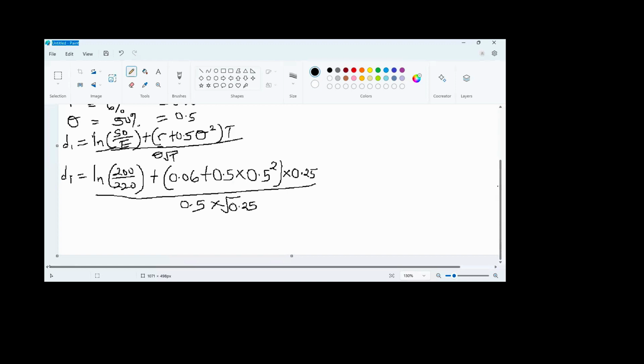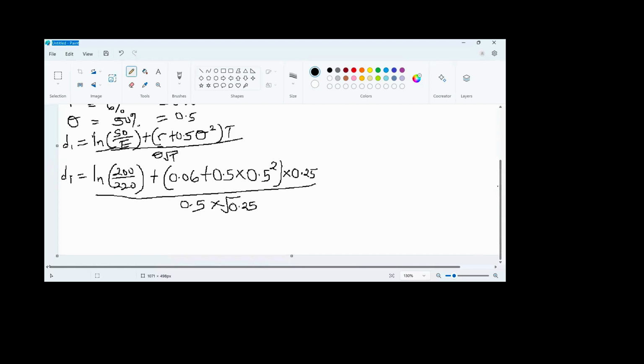We can pick our calculator. Let us try it ourselves. Open your bracket, 200 divided by 220, close your bracket, plus open another bracket, 0.06 plus 0.5 multiply by 0.5 square, close your bracket, multiply by 0.25.